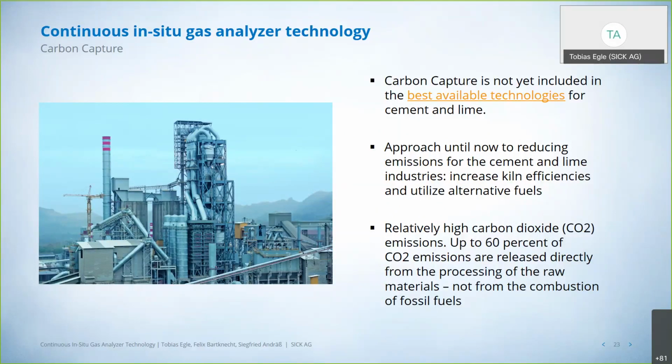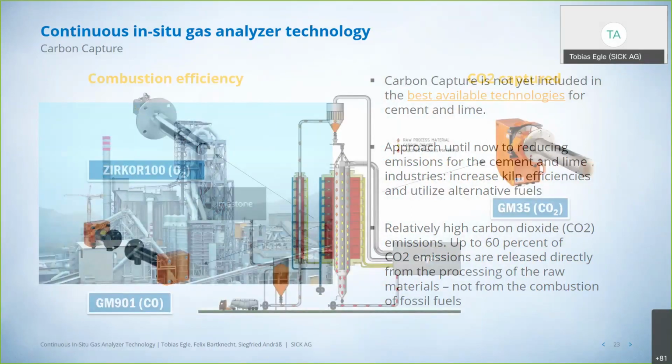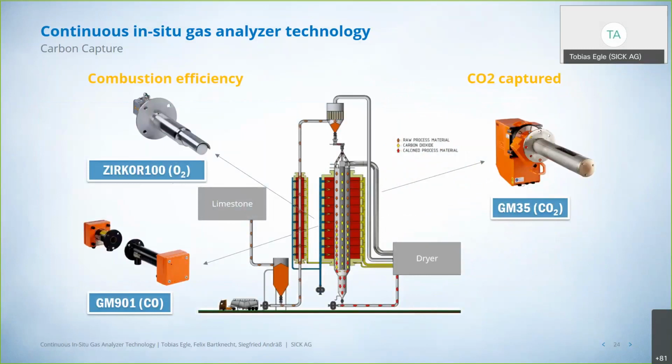So by combustion optimization, you may not reduce your CO2 emissions. So a solution could be a carbon capture unit, which is starting pilot projects all over the world currently. In the next slide, I would like to show you how in-situ solutions help you to optimize, maybe in the future, carbon capture solutions.